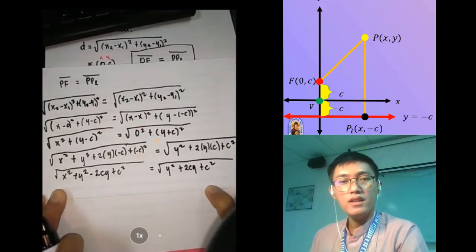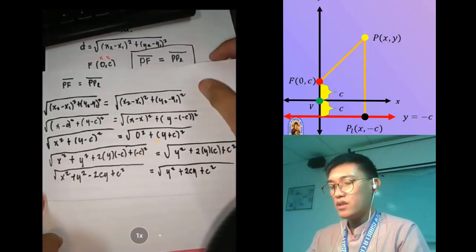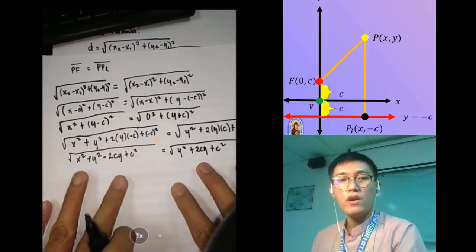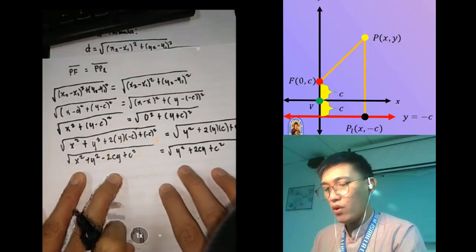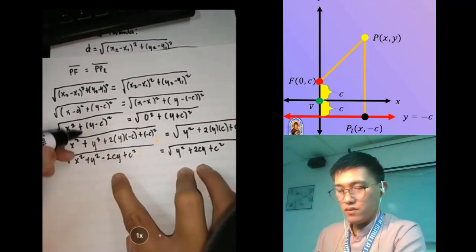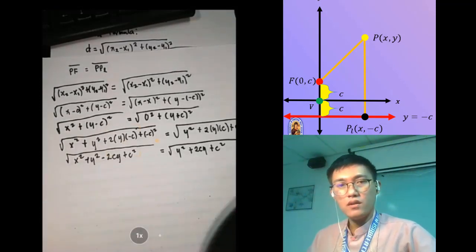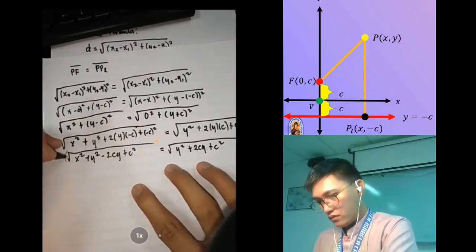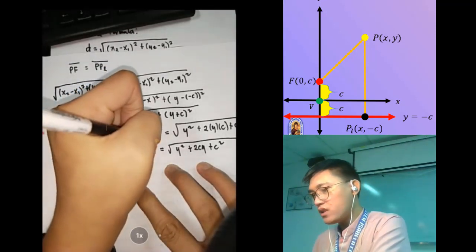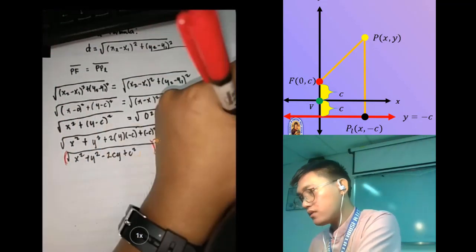Alright, so this time we'll be removing the square root sign. How are we going to remove the square root sign? To remove the square root sign, we'll just square both sides. I have used red ink to emphasize you have to square both sides.